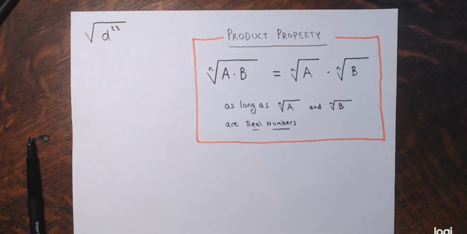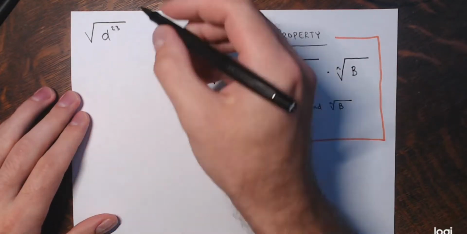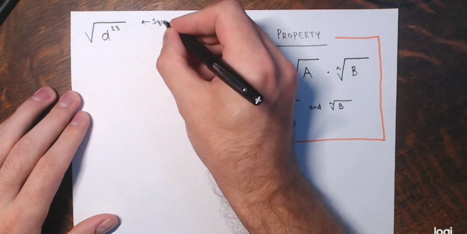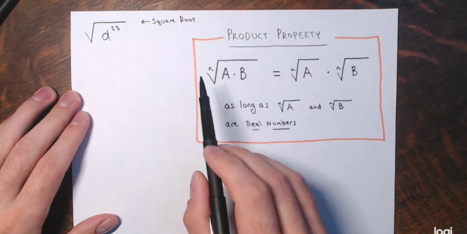Okay, so here's what we're going to do. When we're simplifying, notice that this is a square root. In other words, the index is 2.